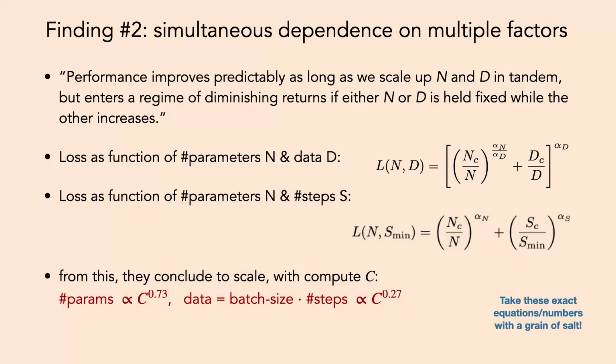So here are some of the implications that they derived. They fit all these relationships, and then they got these exponents and constant offsets, and they said, based on those exponents, what can we say about how large we should make our model, what batch size the model should have, et cetera.